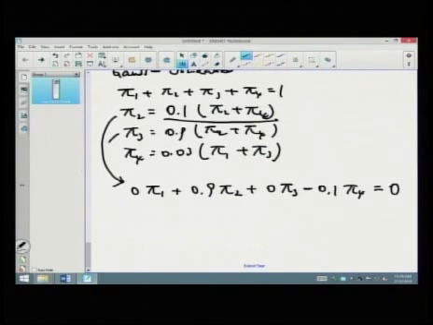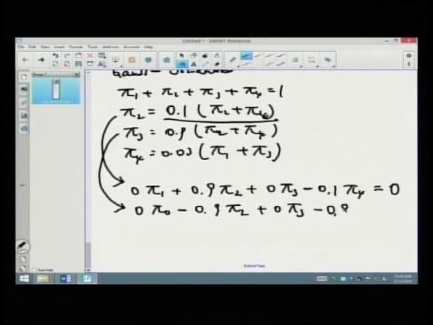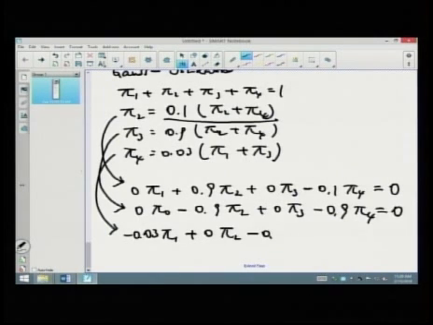Likewise, this equation becomes 0 pi 1, this time minus 0.9 pi 2 plus 0 pi 3 minus 0.9 pi 4 equals 0, right? Likewise, the last one: negative 0.03 pi 1 plus 0 pi 2 minus 0.03 pi 3 plus pi 4 equals 0.